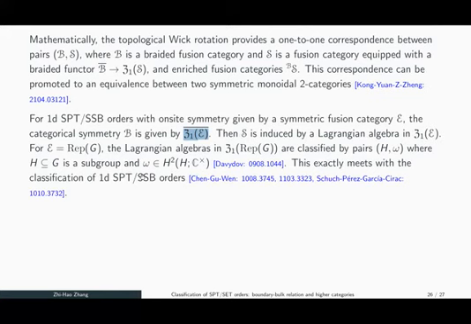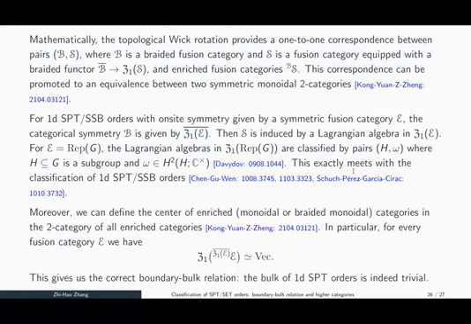When E is Rep G, we know the Lagrangian algebras in this trivial center are classified by these pairs (H, omega), where H is a subgroup of G and omega is a two-cohomology class. Okay, this exactly matches with the classification of 1D SPT and symmetry breaking orders classified by physicists using other physical results.